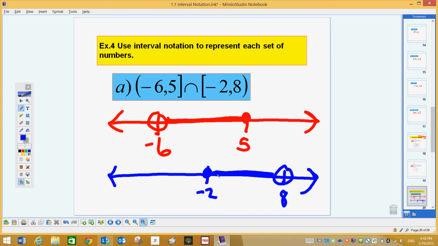Now, we're looking for the intersection of these two, so if I was to combine these two together and look at the overlap for these two number lines, it would go from -2 to 5, so therefore my answer is -2 to 5, and they both would have square brackets because negative 2 and 5 belong to both of these sets.